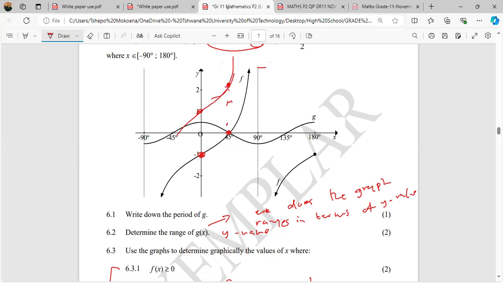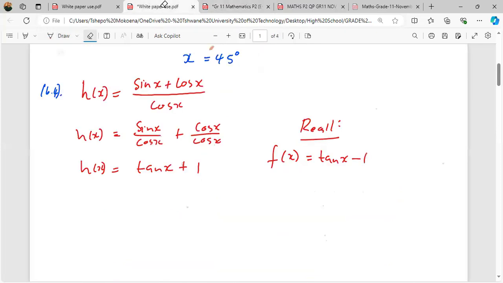You see? Our graph will actually look like this to show that it is shifted 2 units upwards. From -1 to +1, 1, 2, we moved 2 units upwards. So this graph from -1 to +1, from F to H. What was the vertical translation?